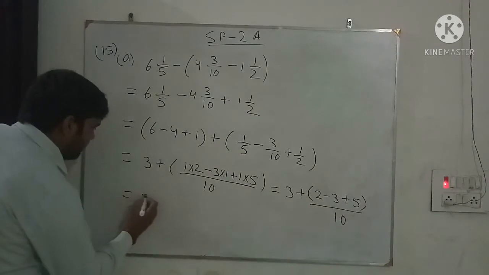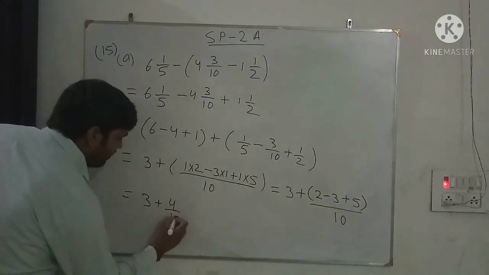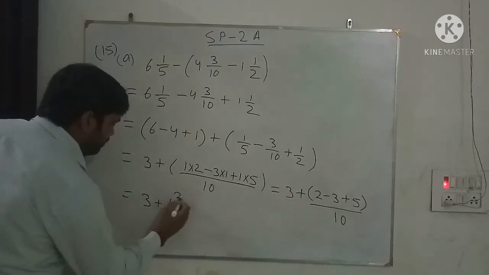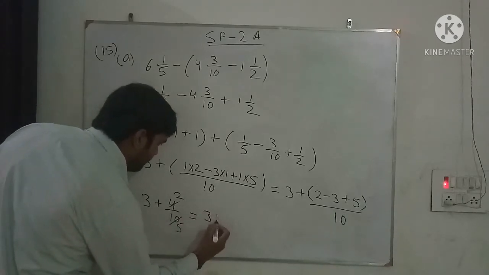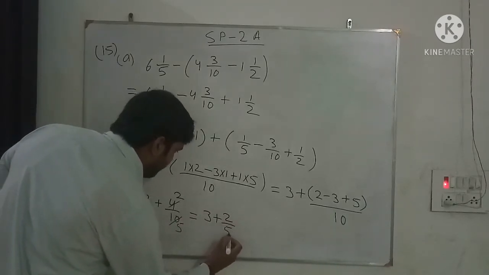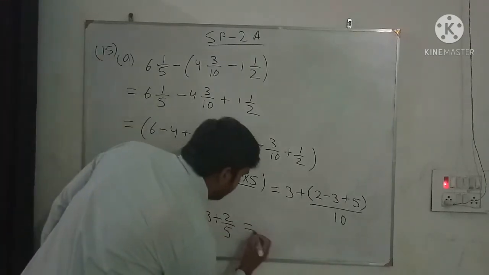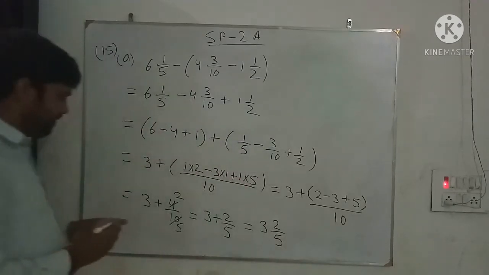So the answer will be 3 plus 4 by 10. 2 twos are 4 and 2 fives are 10. So we got 3 plus 2 by 5. Now 3 plus 2 by 5 we can write in the mixed fraction form as 3 2 by 5.